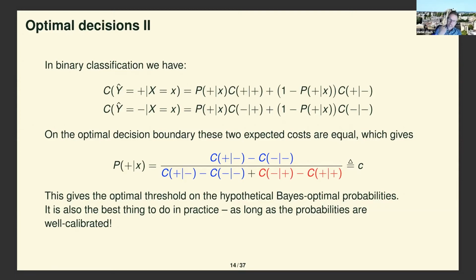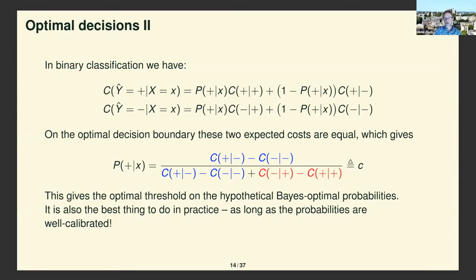But this is also the optimal threshold if my probabilities are well calibrated. So what you see here in blue is the cost of a false positive minus the cost of a true negative. So the cost of making a mistake versus doing it correctly on an actual negative.